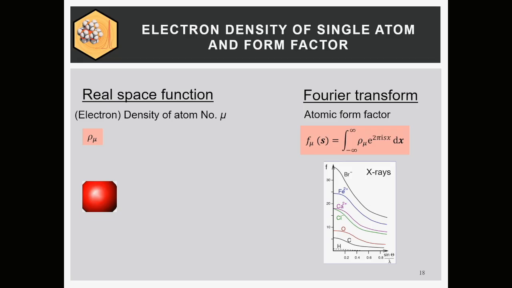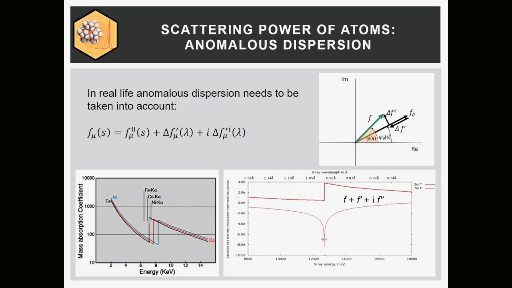It turns out to be difficult to tell if it's carbon, oxygen, or nitrogen, because that is a problem in powder diffraction. All right, let's go on further. Life is more complicated. A good Rietveld program has to take the anomalous dispersion, anomalous scattering into account. And so the form factor is not just the form factor I've shown you before, the F0. It's also a delta prime and an imaginary delta double prime.